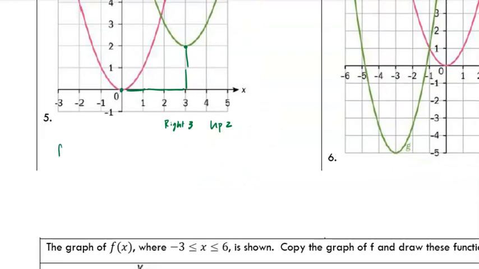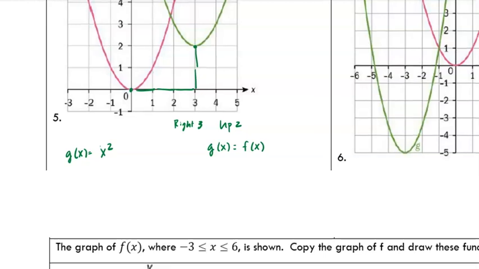So let's go ahead and start making our function. g of x equals x squared, and f of x equals, oh, what in the world? What am I doing? Okay, g of x equals f of x. Universal function, either way is fine. Either way is fine. But you have to know both.